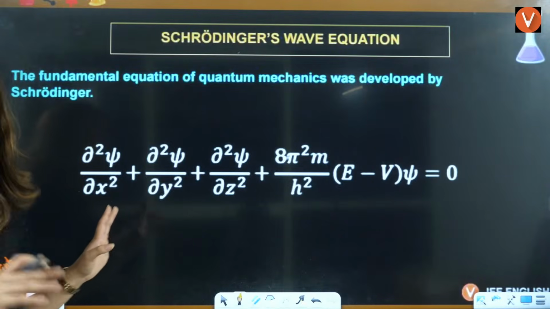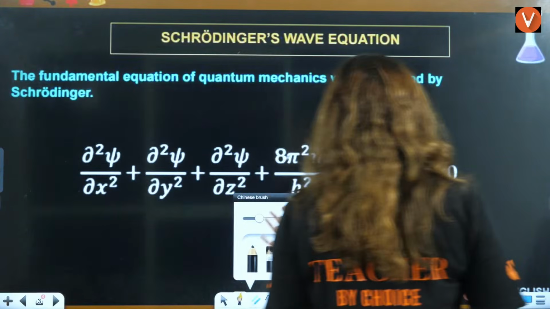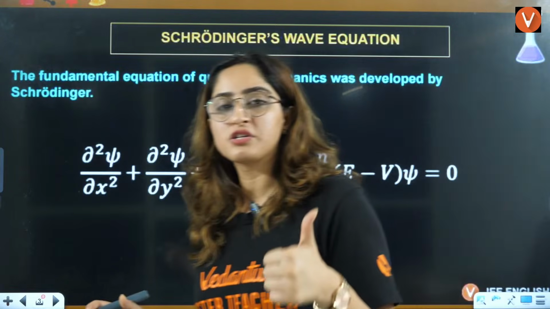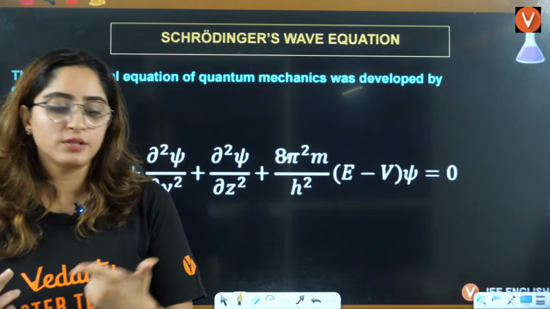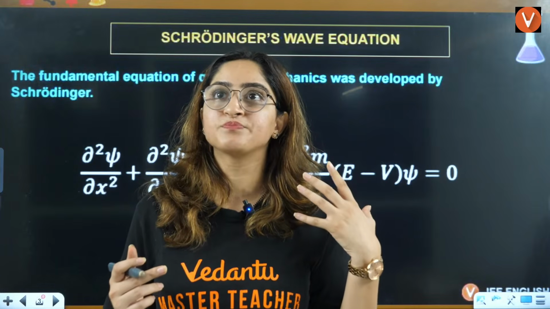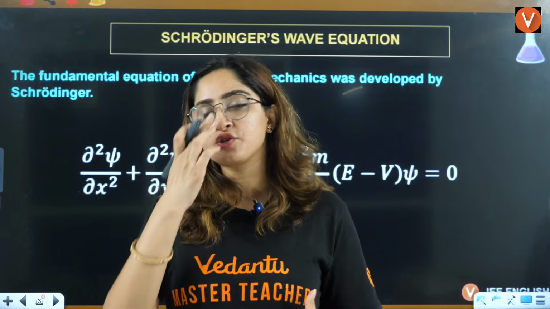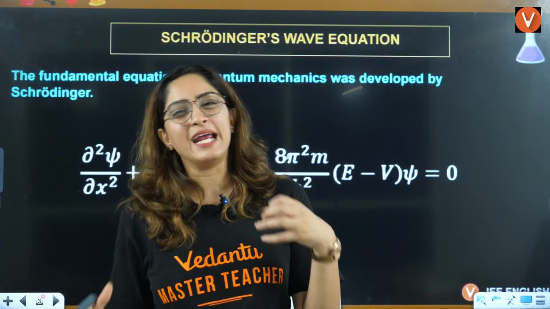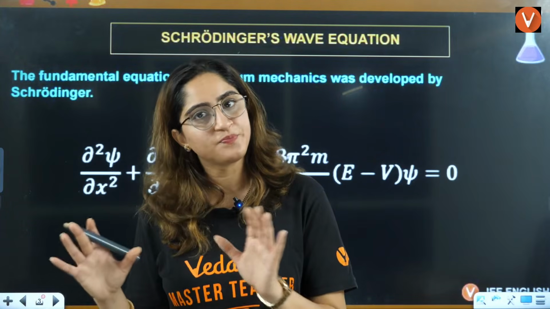So now let us start with the session. The topic is Schrodinger wave equation, quantum numbers, nodes, and electronic configuration. All these things we are going to do today. All these things are interconnected to each other, right?